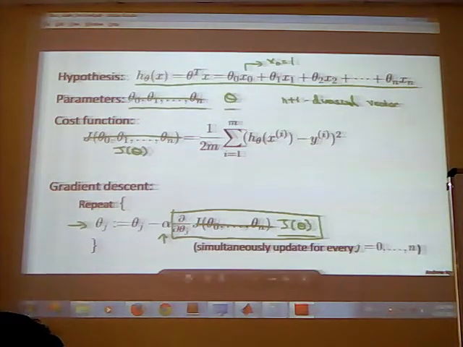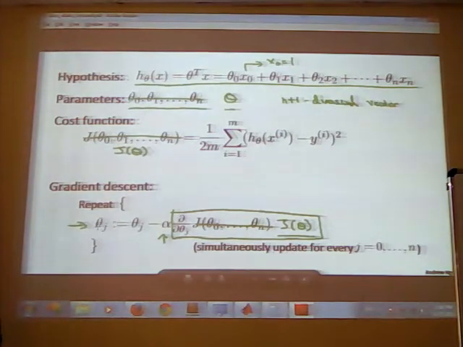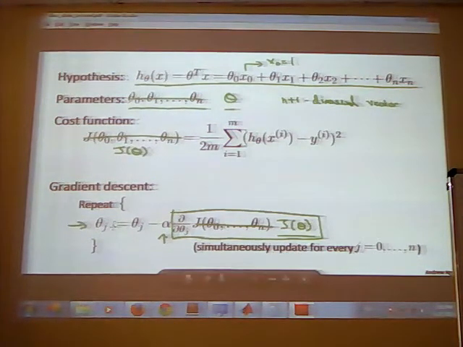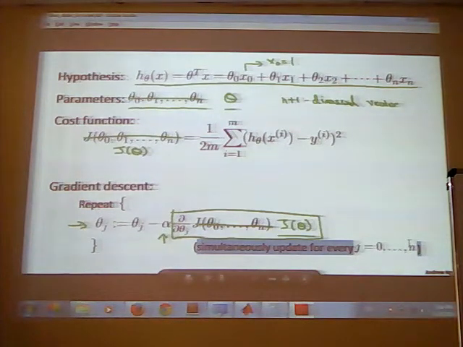So now we will denote this cost function as J of theta, and we will update as many parameters as we have. Suppose we have 4 parameters, theta 0, theta 1, theta 2 and theta 3, and we will be updating all of them simultaneously. So we need to update the value of theta j for every j equals 0 to n.